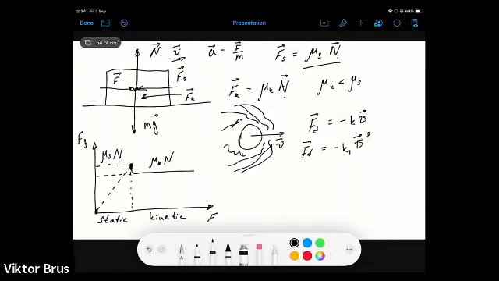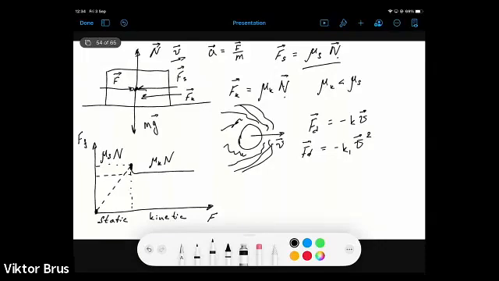So here I would underline that when we want to apply the laws of motion to this drag force condition, you need to understand that it's a bit more complicated in comparison to other examples, because here we have dependence on velocity.